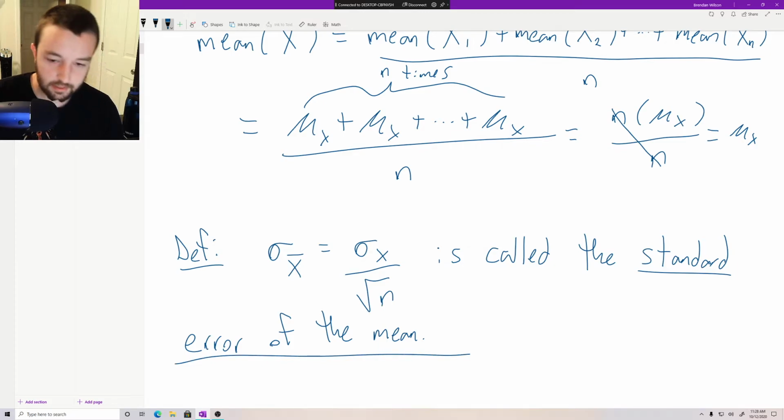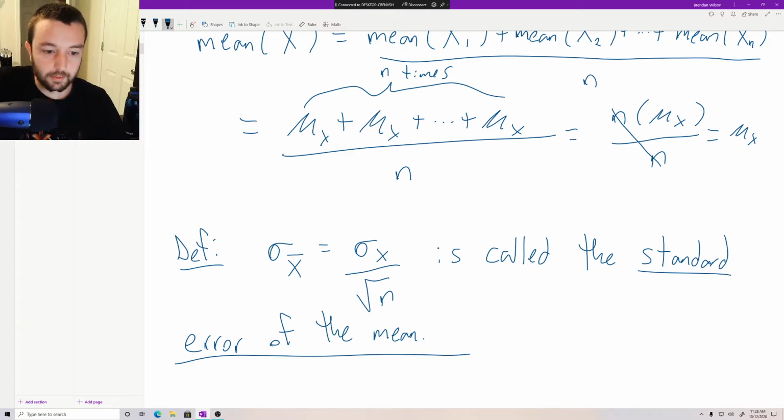It's important because this is the first time we've really talked about error. When we take a sample and we're using it to make predictions about the population, it's not going to be 100% accurate. There's going to be some kind of error involved. So it's important for us to know that error.